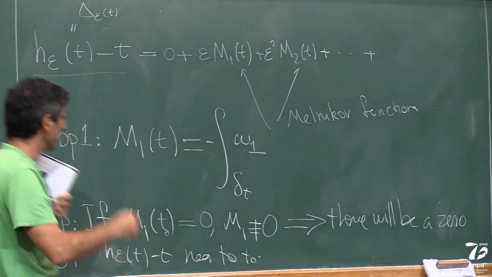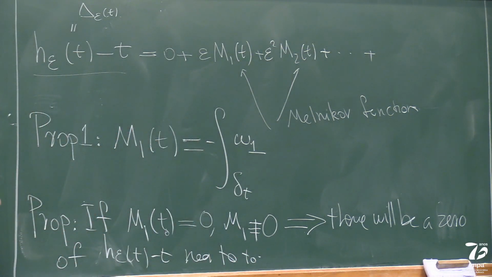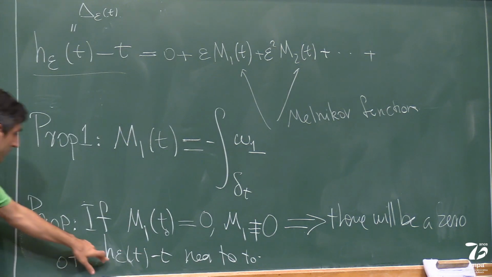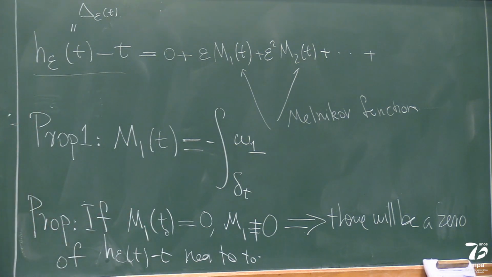And of course, for the statement, for any sufficiently small epsilon, there will always be a fixed point of h_epsilon near t0.